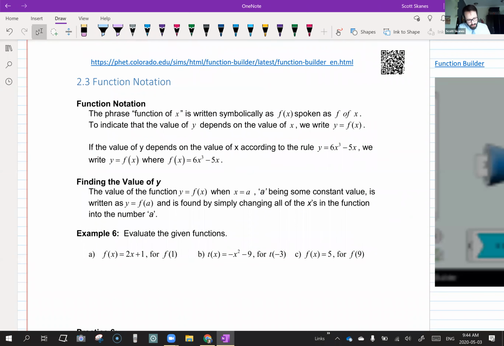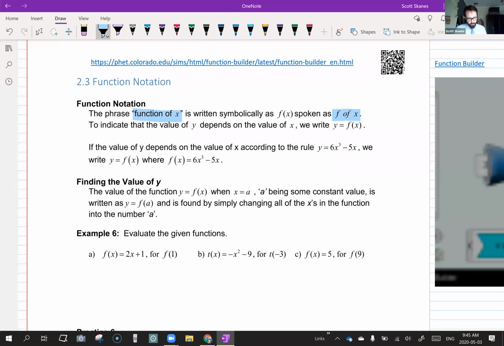Function of x is the same thing as saying f of x. It tells us what our function depends on. So if it's f of x, the function depends on x. If it's f of g, it means the function depends on g, whatever that number is. We just put numbers in, and it depends on it.